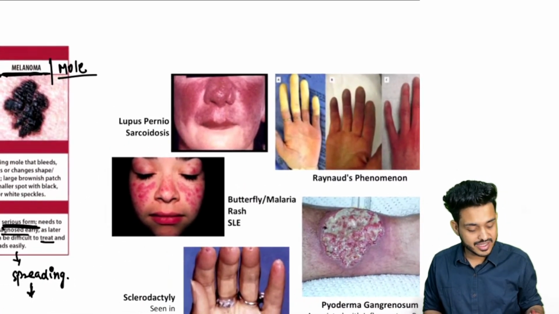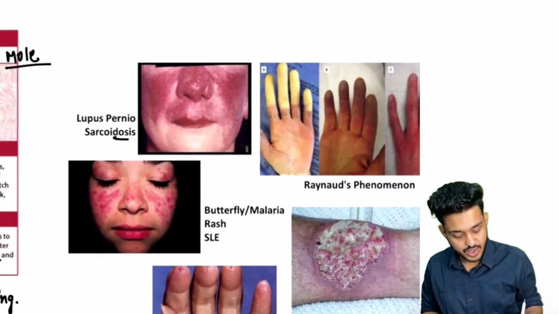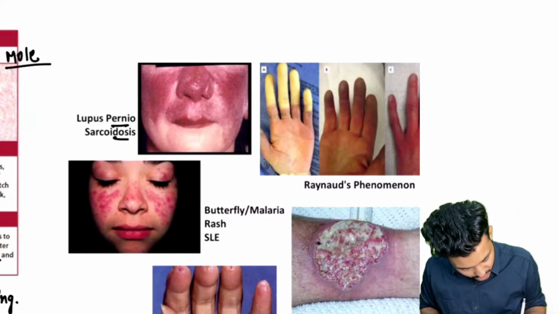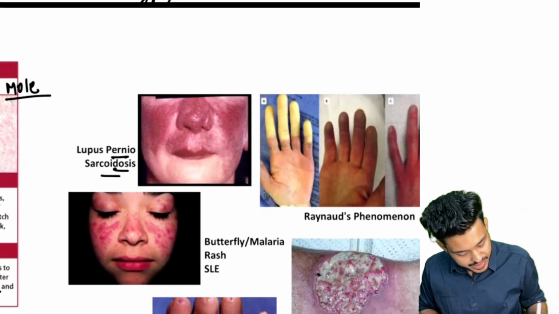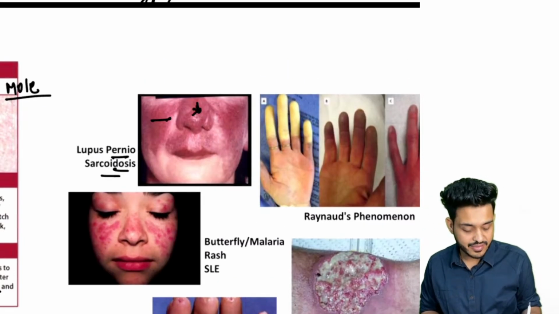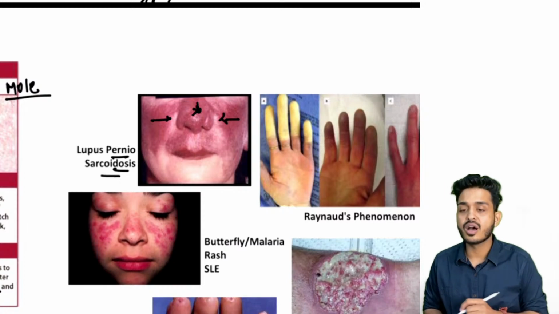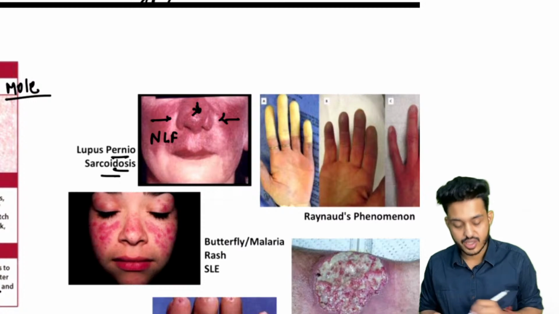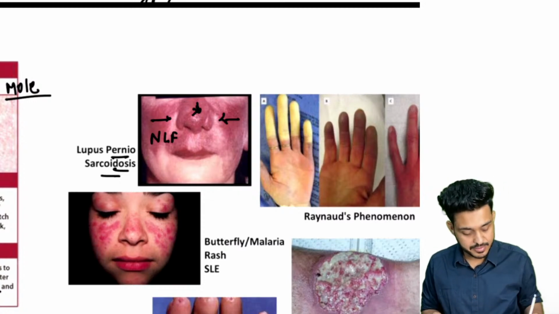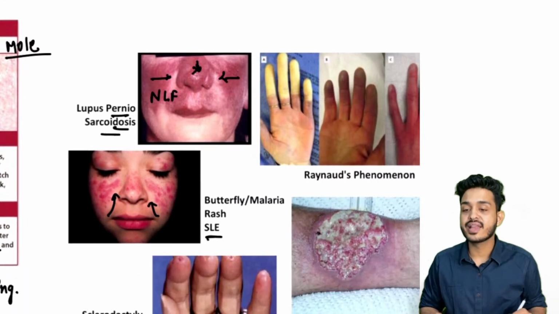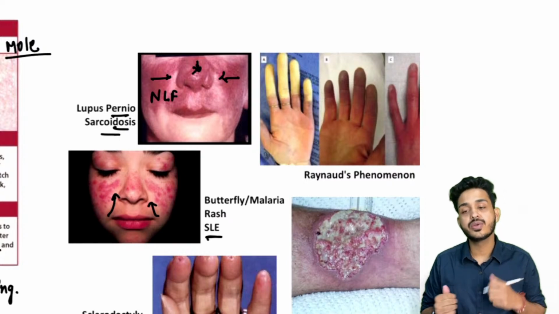Okay, now next one is lupus pernio, which you will see in the cases of sarcoidosis. Here it will involve the nasal bridge as well as the other parts. It will not spare the nasolabial fold. Then what will spare the nasolabial fold? That is your butterfly rash. Butterfly rash will be seen in SLE, and that would be a differential for lupus pernio.